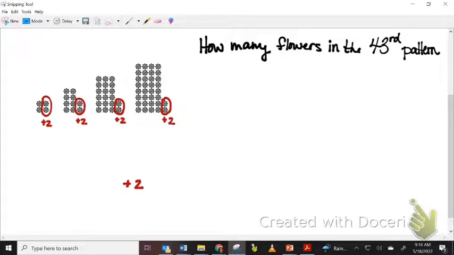Okay, so now I need to find a way of representing the rectangle. Is it going to be like the number one, like n? We're going to end up with an n value, yes.